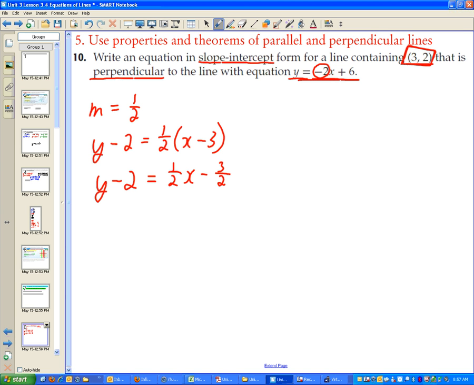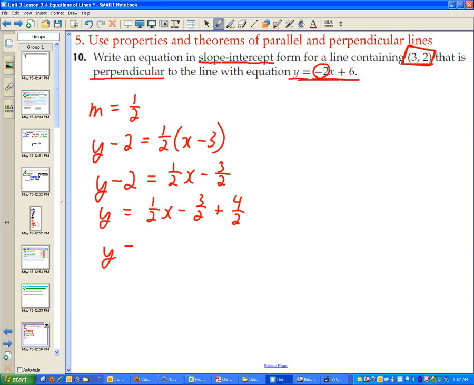So -3/2. Now, we need to add 2 to both sides. So that'd be y equals 1/2 x minus 3/2 plus, hey, you know what? I can save a step. If I write 2 in a special way, as 4/2, I'm almost finished with this problem, aren't I?